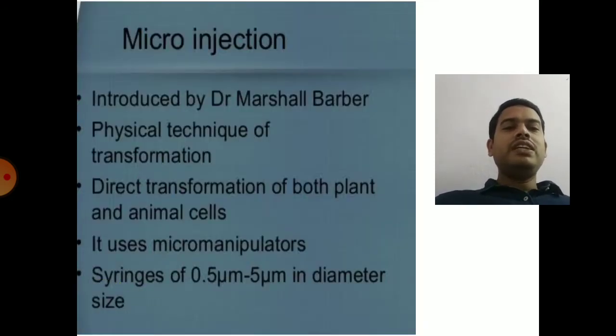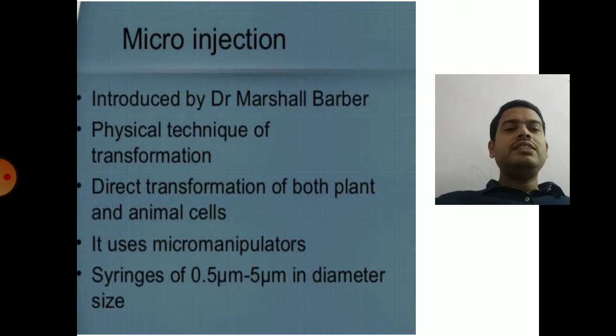So the first one is microinjection, which is introduced by Marshall Barber. So it is a physical technique of transforming the host cells. So it is a direct transformation of both plant and animal cells. Use of micro manipulators and syringes is seen in this particular microinjection.